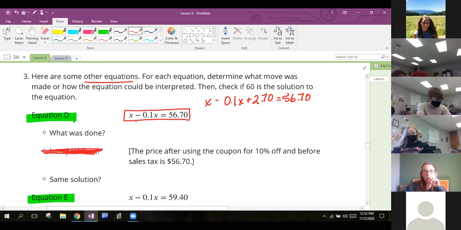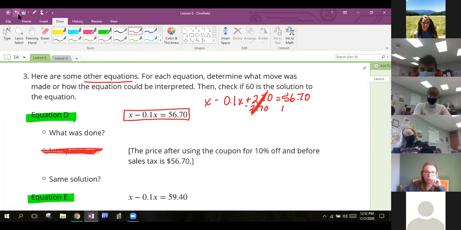All right, so in this equation, they subtracted 270 from one side, but did they do it to the other side? That would cause them to cancel out, but did they add it back on over here or subtract it back over there?